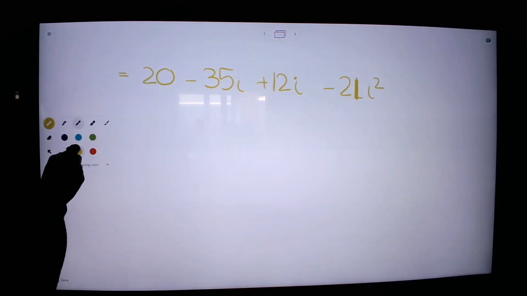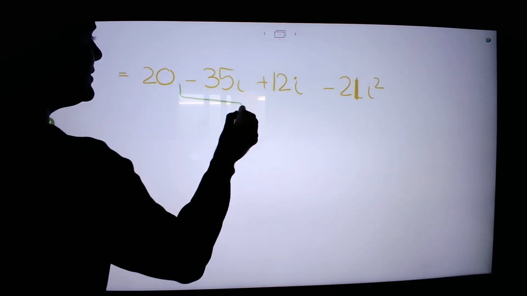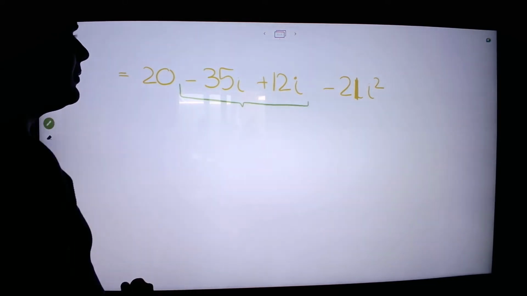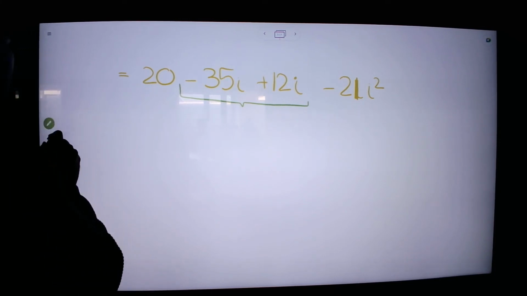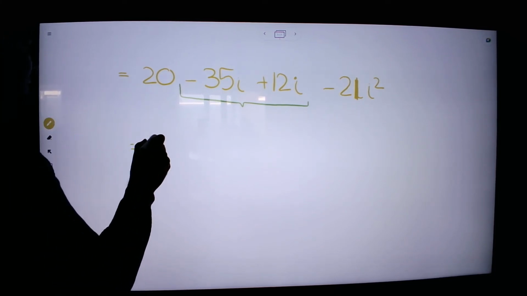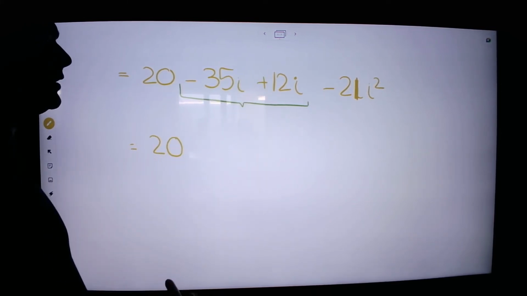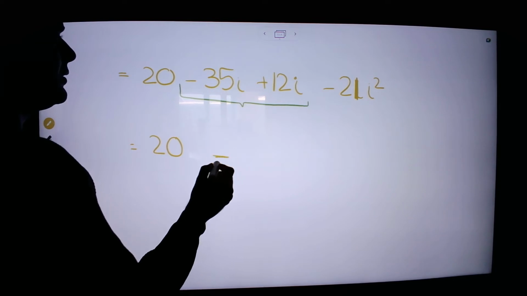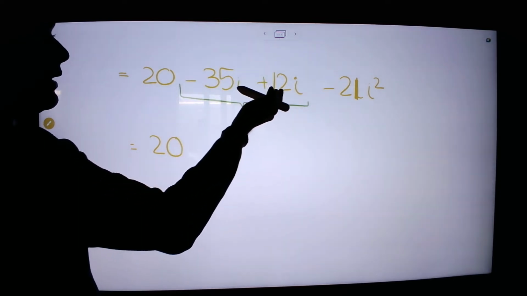Now what I will do is, I see what are the same. You can see these things are similar: minus 35i plus 12i. So the 20 I can write as it is. Now can someone give me the answer to that one, please? It's going to be minus 35 plus 12.